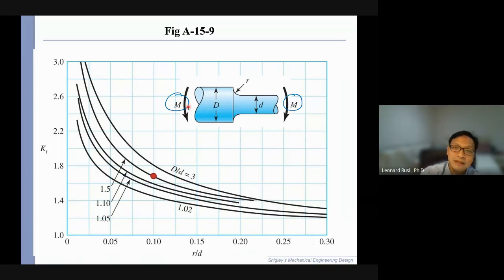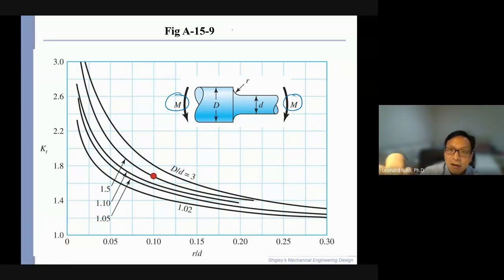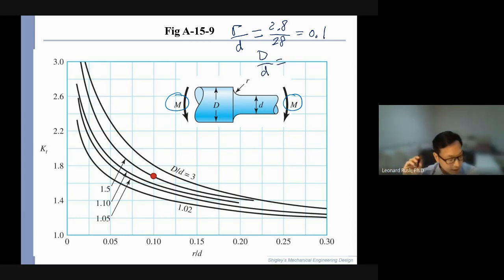So, for the bending moment, we first calculate r over d. So, r over d was what earlier? 2.8 divided by 28, 0.1. Big D over small d, 42 divided by 28.